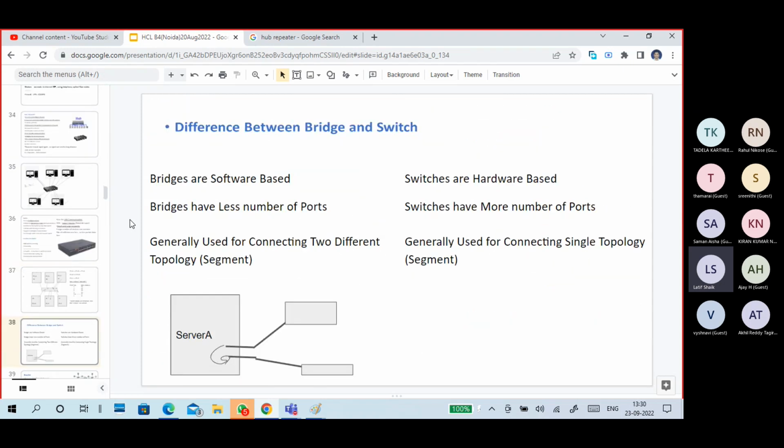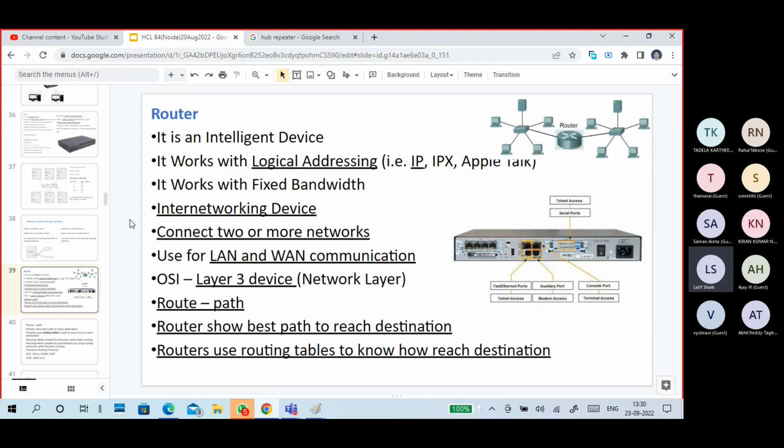Okay. Last one, not exactly the last, but one of the important ones is router and modem. Router is also a very intelligent device. It understands IP addresses and other protocols like IPX, AppleTalk, SPX kind of stuff. So router understands logical addresses, routed protocols, and routing protocols are also understood by your router.